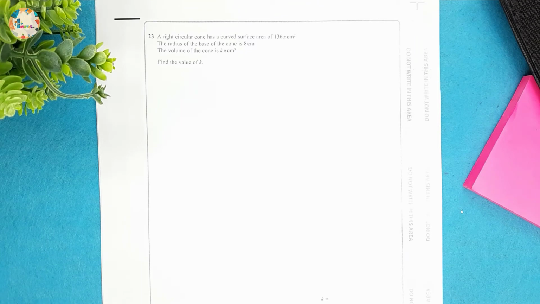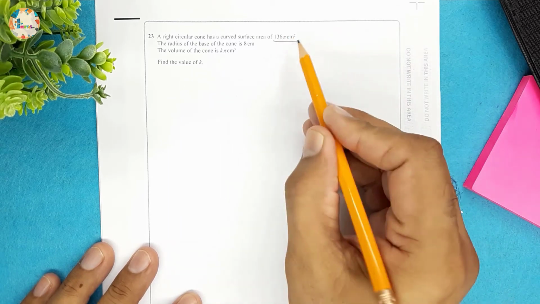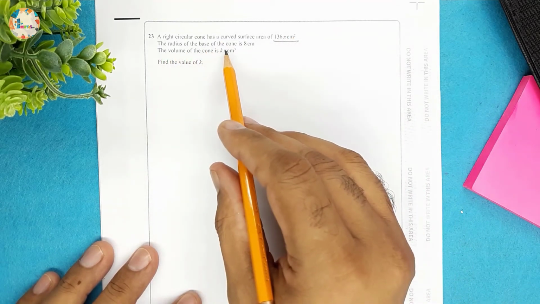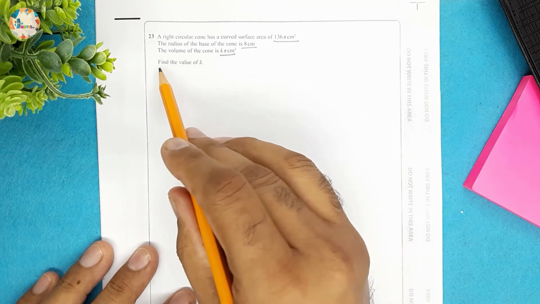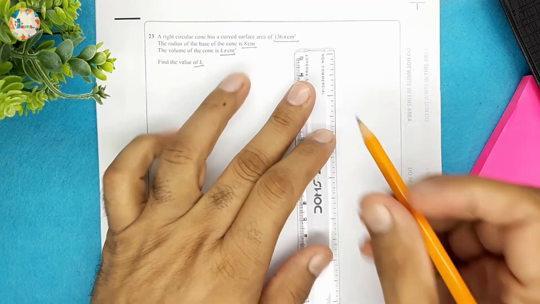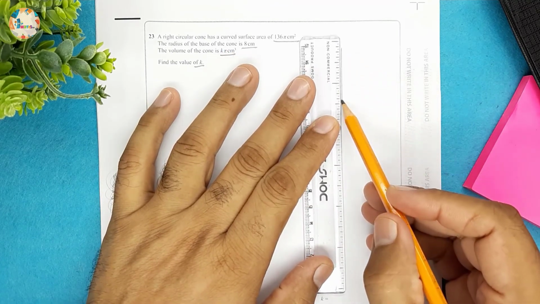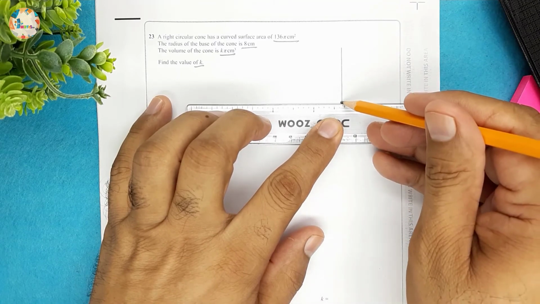Now this is question number 23. A right circular cone has a curved surface area of this much. The radius of the base of the cone is provided. The volume of the cone is this much. Find the value of K. We have to find the value of K. For your understanding, I will draw a small triangle, like this, which is the circular cone.